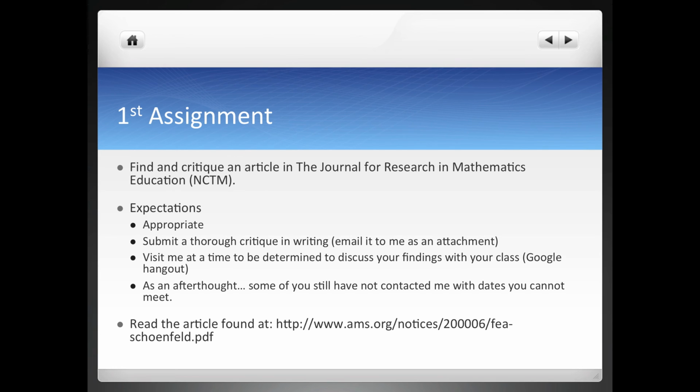You've got a lot of flexibility in the final topic that you come up with for your research project. The first thing I want you to do, when you complete this, is to submit a thorough critique in writing. Email it to me. Obviously, I need the journal article name, the journal it's in, the page, and the information. And then probably a page and a half to 2 pages of critique. Tell me what you got from the journal article.